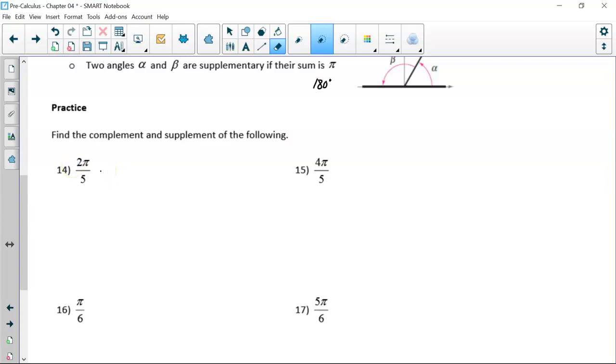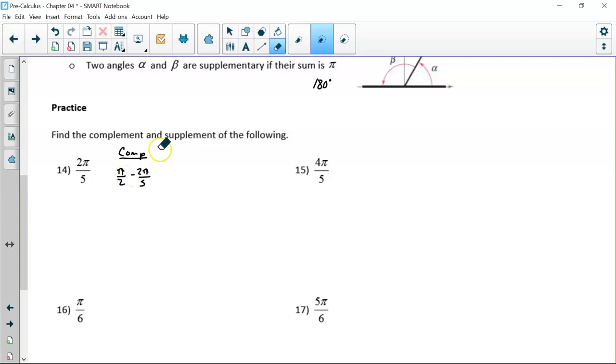So what we can do for 2 pi over 5, for the complement here, it's going to be pi over 2 minus 2 pi over 5. And that's going to tell us how much we need to get to that pi over 2, that 90 degrees.